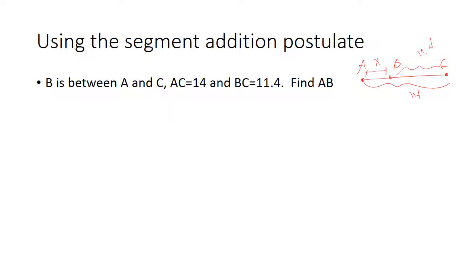I'm going to call that X, because that's the part we want to know. So our postulate says that AB, which is X, plus BC, which is 11.4, is equal to AC, which is 14. I'm going to isolate my X to solve for it. To do that, I'm going to subtract my 11.4. That gives me X is equal to 2.6.